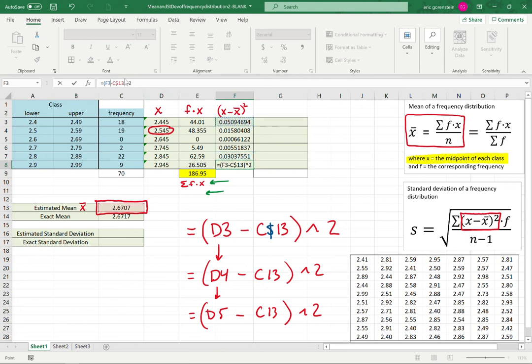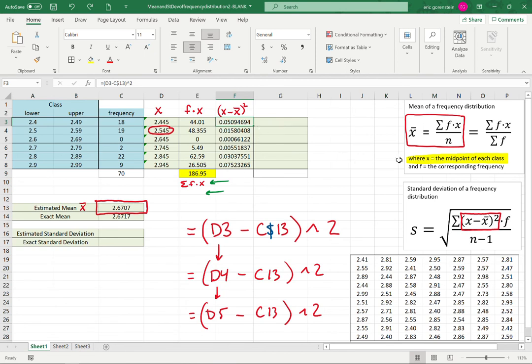What happened there? Let's change that to a D3. Nope, sorry, they're correct. Everything's good. D3 minus C13. There we go. So you see, the index on the D is changing, but the index on the C doesn't change. Okay, so that's what we want.